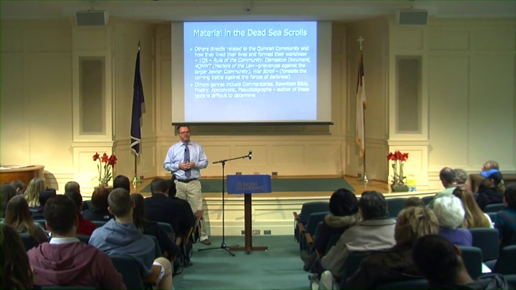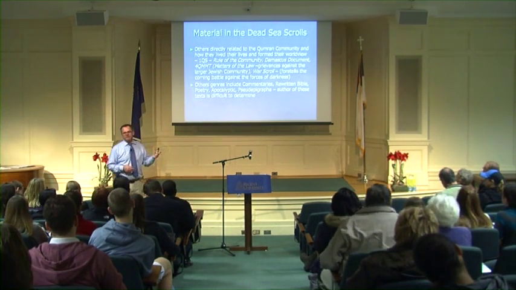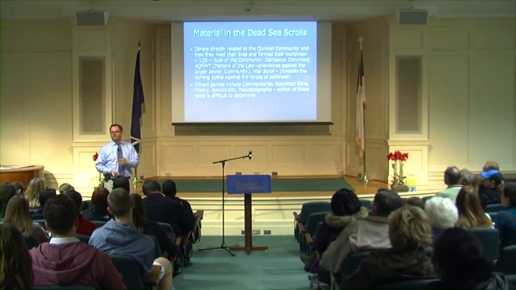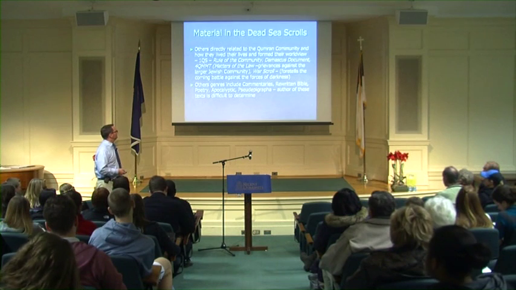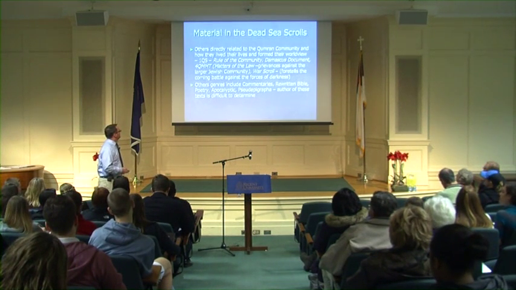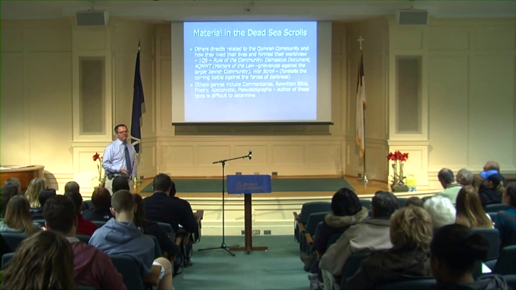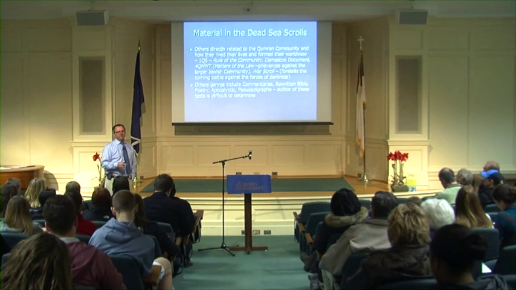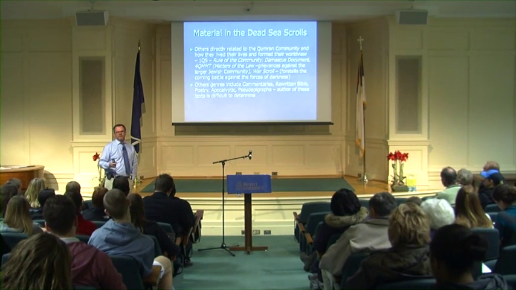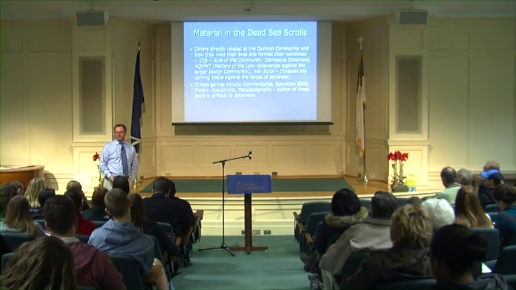And you see this figure doing this quite often in a lot of the pseudepigrapha or rewritten Bible texts that we find at Qumran, but also in the Old Testament pseudepigrapha and Apocrypha too. We find this type of rewriting of the scriptures. We also have poetry, apocalyptic texts, and other pseudepigrapha. Pseudepigrapha is a text where an ancient biblical figure is attributed as the author, although it's quite clear that it's impossible for that person to have written the text.